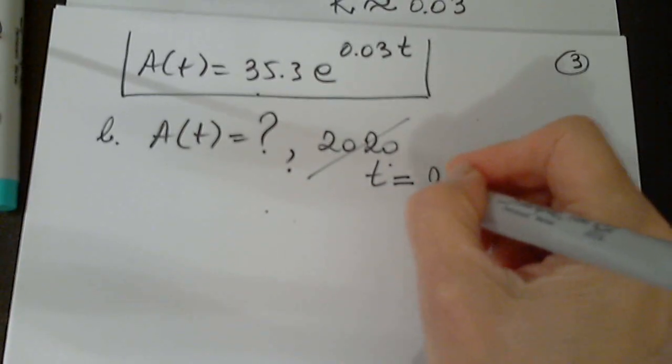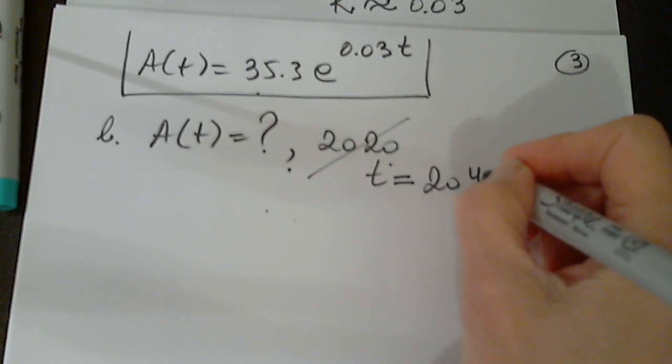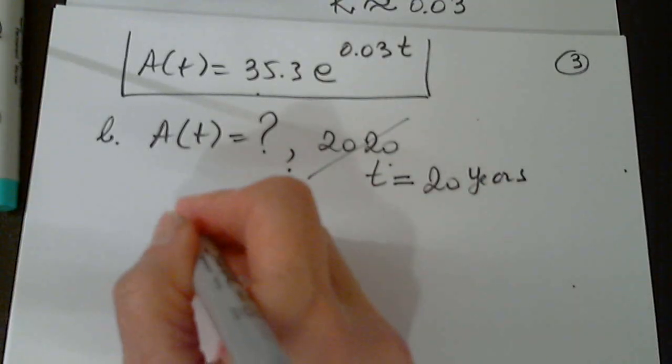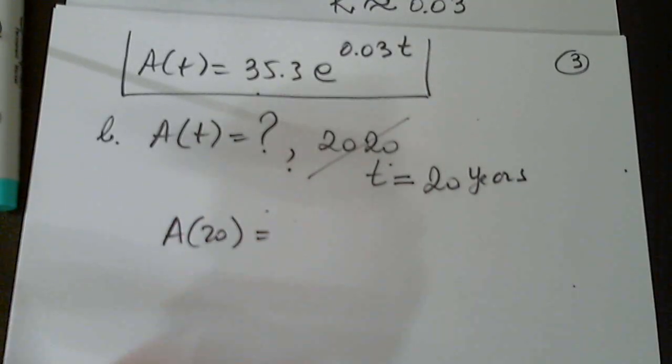Indeed, 20 years. So all I have to do is find A of 20. I will put in the function 35.3 and do everything in one step to reduce any possible error. Okay?